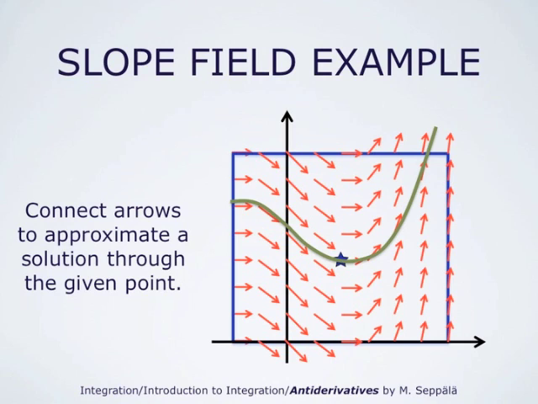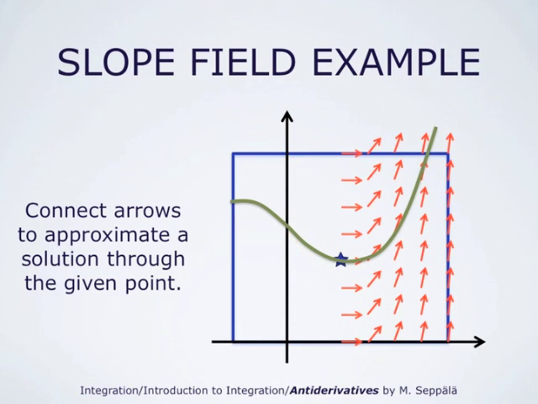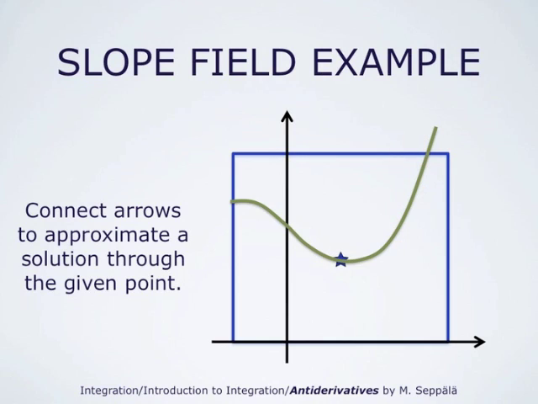So this green curve is the graph, or rather an approximation of this graph of an antiderivative of the function x squared minus 1 that passes through the point 1, 1.5. So if I now even delete the slope arrows, then we are left with our approximation for the antiderivative of this particular function.